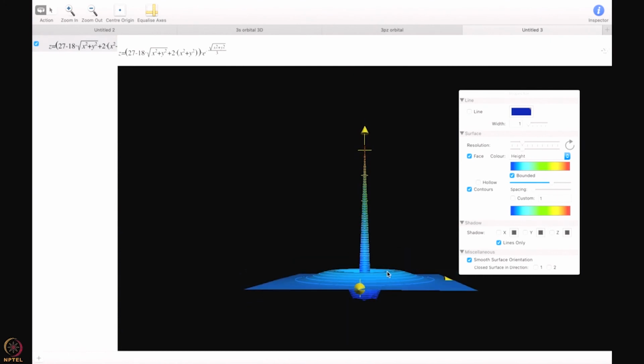So, let us see what happens when I take the square of this and multiply it by the volume element r square. Square of this multiplied by r square would simply be x square plus y square.